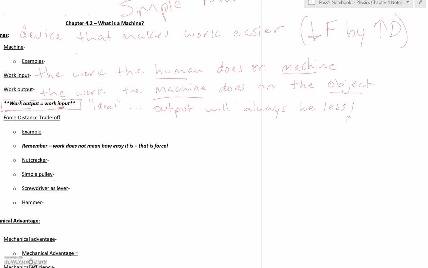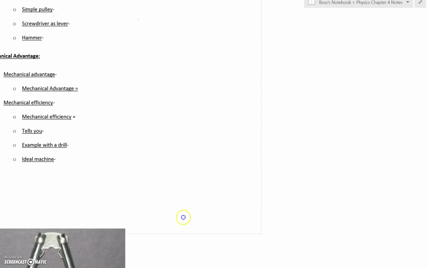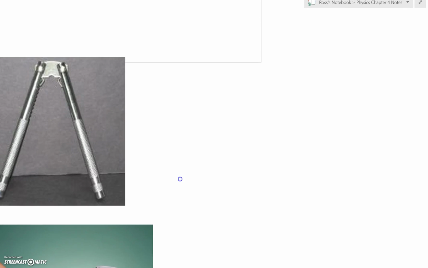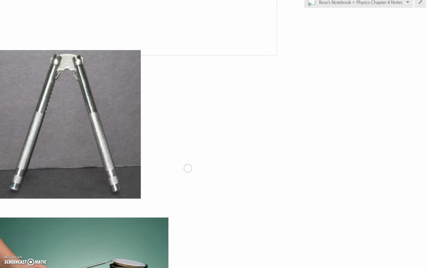So force distance trade-off is what we were talking about right up here. We manipulate the distance to make the force smaller. I've got some pictures rather than drawing things because you know how terrible I am at drawing. So here is our lobster cracker. Imagine a lobster right here. If we are going to use these lobster crackers, we're not going to grab them up here.